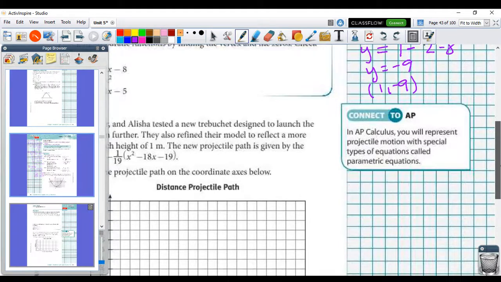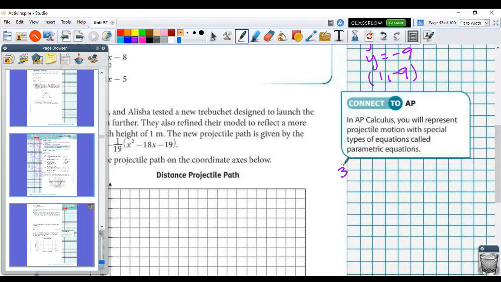Now the next step was to find the zeros of the function, so I'm going to do that down here. Remember the zeros of the function, the x-intercepts, that's where y is equal to 0, so I'm going to replace y with 0. So 0 equals x squared minus 2x minus 8. We're going to factor this to solve it, using the zero product property. So 0 equals, open up my two sets of parentheses, there's no GCF.